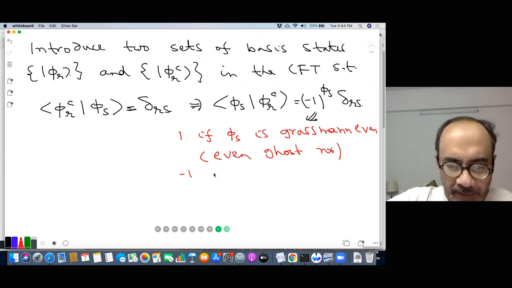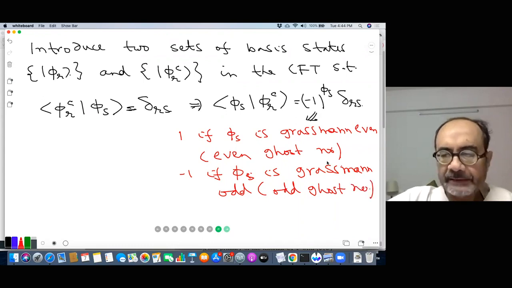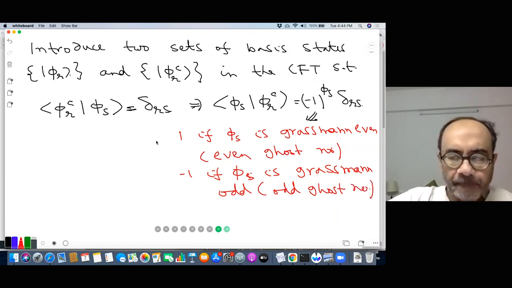And it's minus 1 if phi s is Grassmann odd, which means odd ghost number. Okay, that's what I mean by this minus 1 to the phi s symbol.